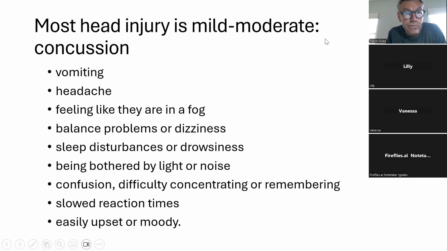I said at the start that most head injury is mild or moderate, and as paediatricians, we need to be able to deal with and manage concussion, because that's a relatively common condition, but it's not a trivial condition. Often we think concussion is minor, but actually it can last for several weeks. This is important to understand.